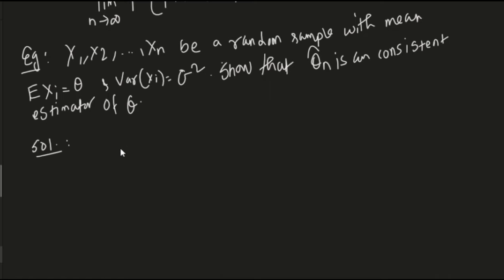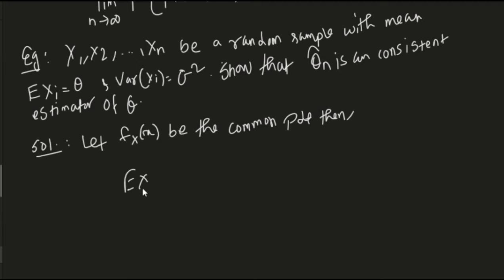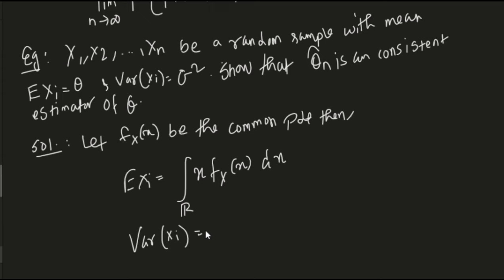We want to say that this is, since let f(x) be the common PDF, then E of Xi is simply the integral of x f(x) dx, while variance of Xi is the integral of (x minus E of Xi) squared f(x) dx.